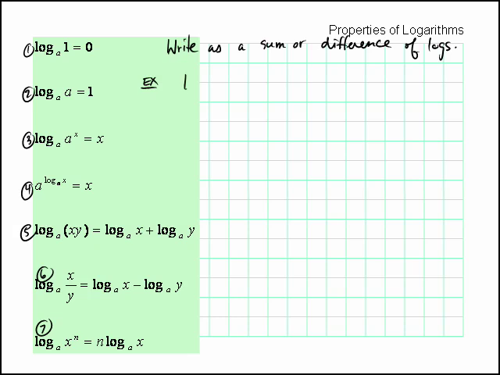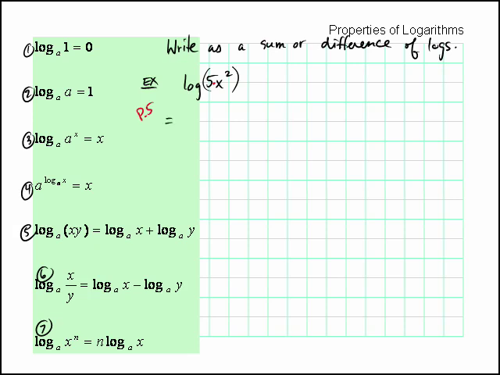We're going to take the log of 5x squared, and we're going to expand it out. We're going to write it as a sum or difference of logarithms. Now, the first thing I'm going to do is use my property number 5, which says that the multiplication in there can be turned into addition.